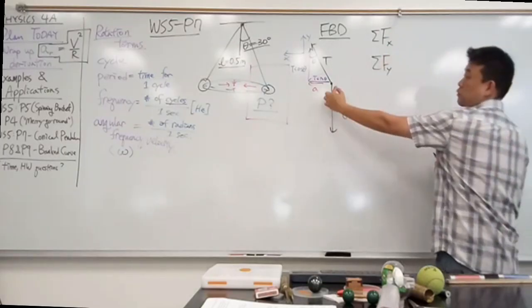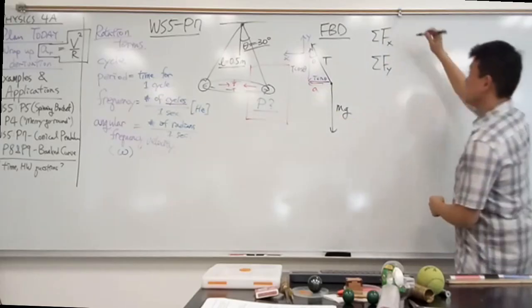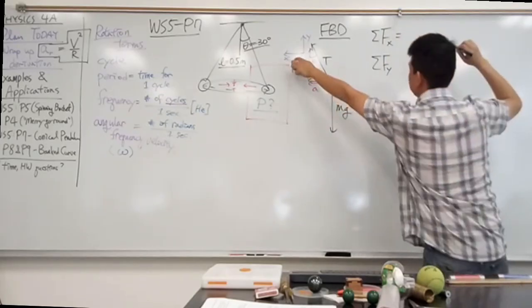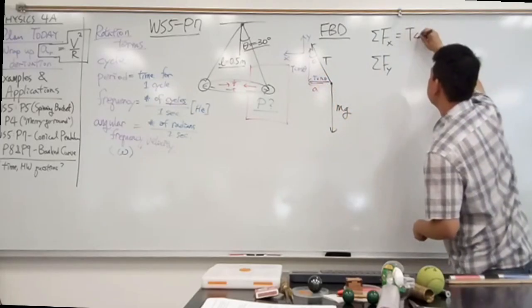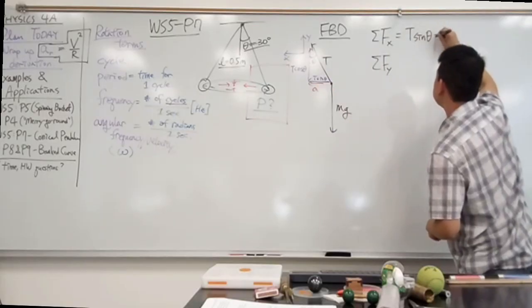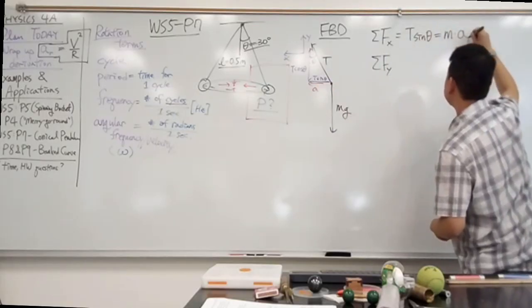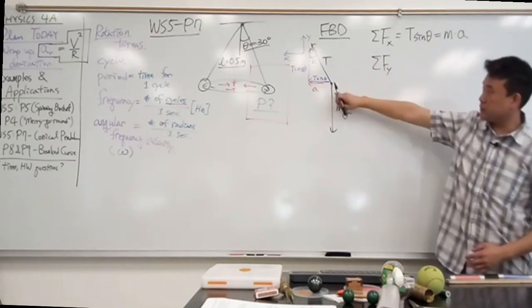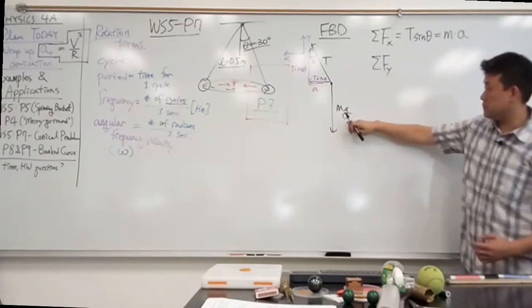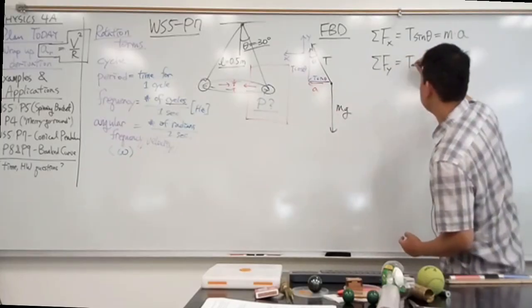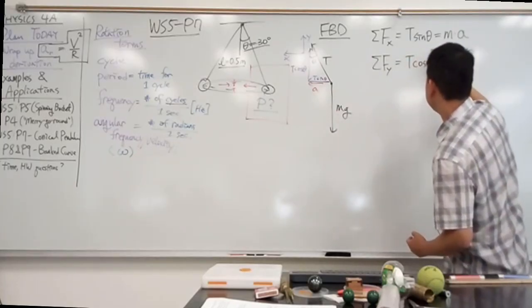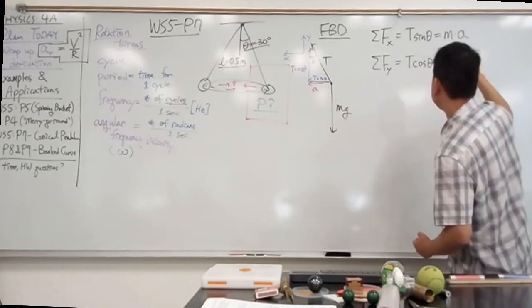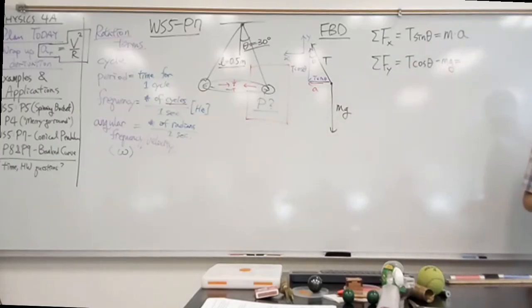In the x direction, there's only one force, T sine theta. In the positive direction, the way I defined it, T sine theta is equal to mass times acceleration. Y direction, T cosine theta minus mg is equal to, what is it equal to?